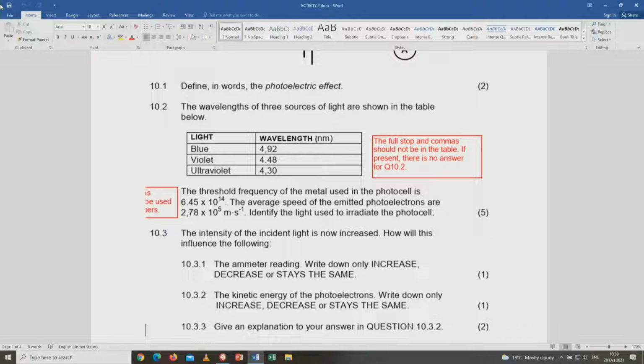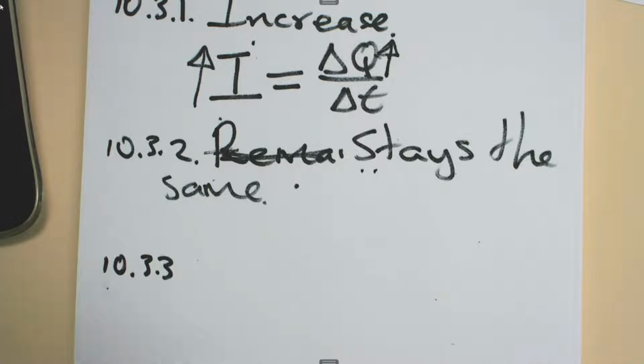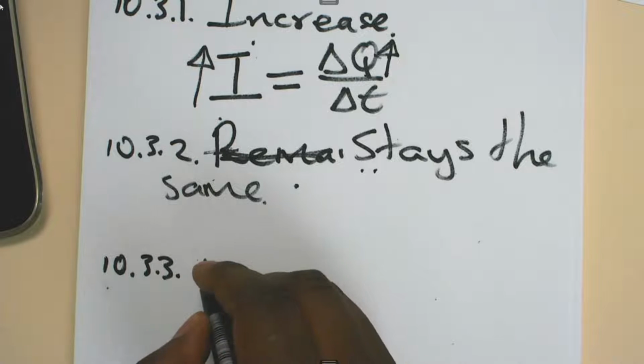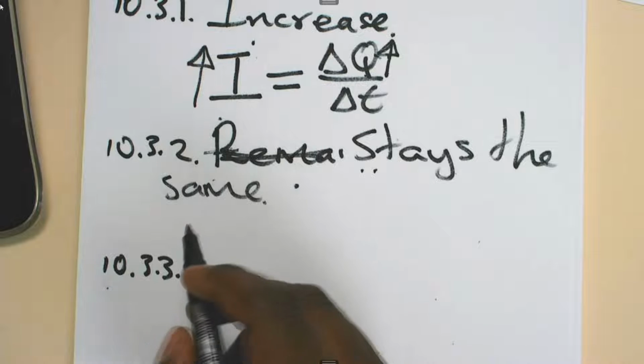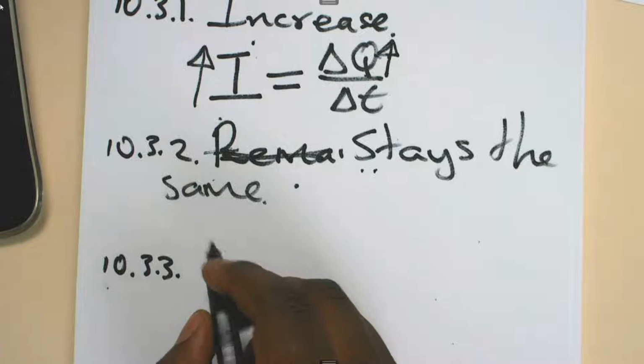Then 10.3.3, they say give an explanation to your answer. Like I said, kinetic energy is only influenced by changes in the frequency, and intensity does not affect the kinetic energy of the photoelectrons.